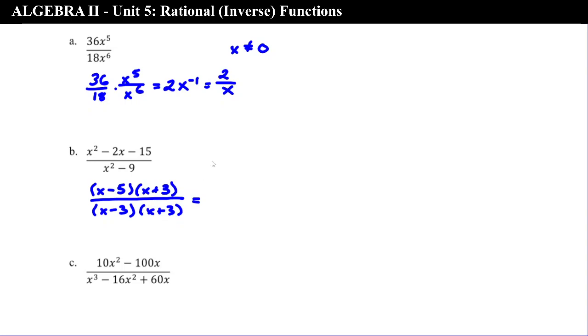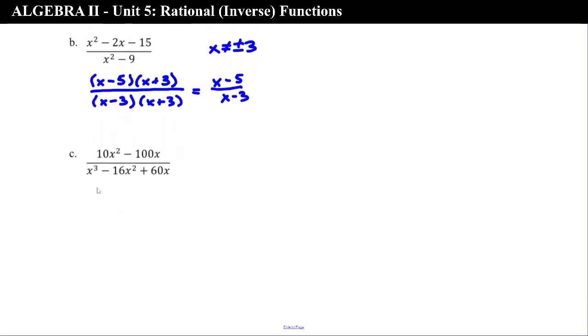Before we move on, let's talk about what values x cannot be. Once we have it all factored, then we can determine what our values are that it cannot be. And in this case, it's plus or minus 3. Both of those values would make the bottom 0 and make the whole thing undefined. So now we're going to cancel out our x plus 3's, and we're left with x minus 5 over x minus 3. And that's our simplified expression.